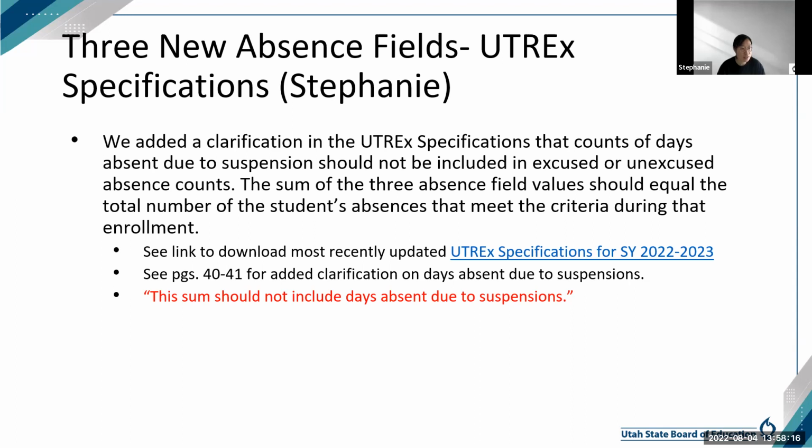Thus, in the new submission, we expect the sum of the 3 absence fields that I mentioned to equal the total number of student absences. You can check the specific explanations on pages 40 to 41 in the most updated UTREx specifications, which you can download from the USBE website. So next slide, please.